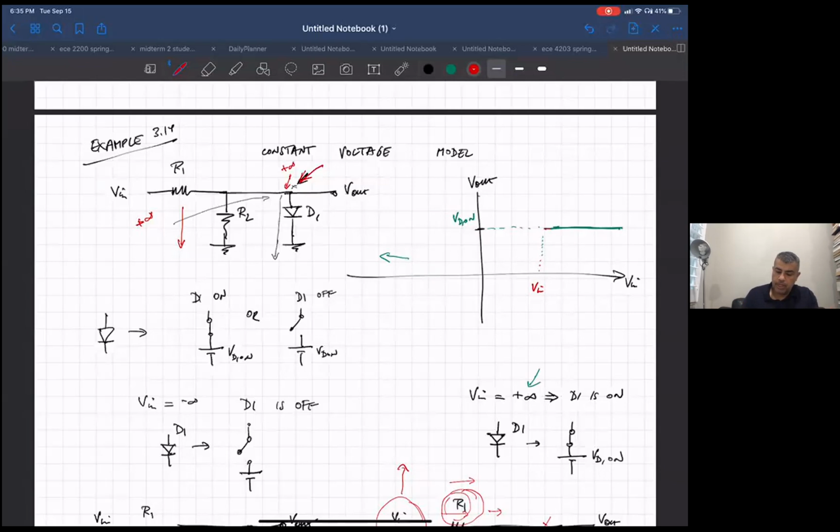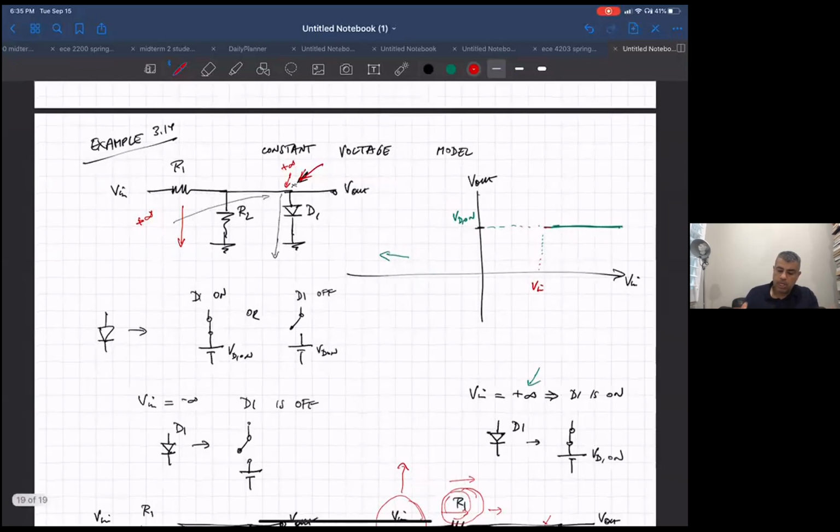Remember, in the constant voltage model, this node Vout, the voltage across the diode, has to equal VD on for this diode to turn on.